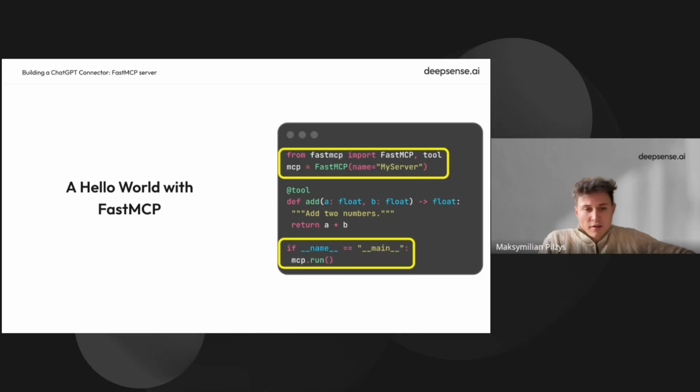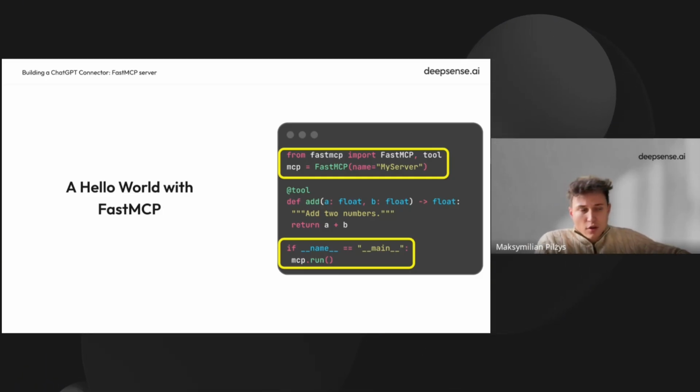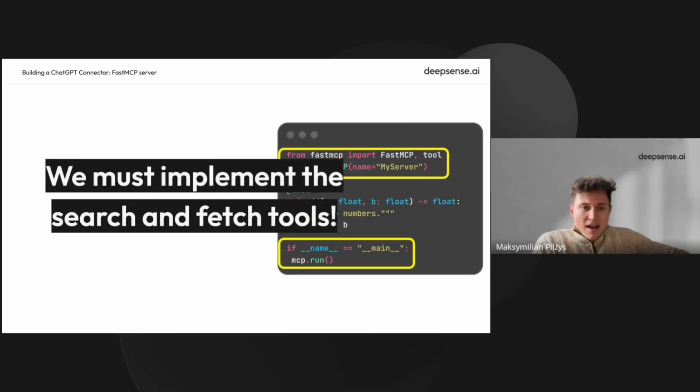What we see here isn't enough to be utilized by ChatGPT. When we want to create a custom connector, we must implement the search and fetch tools, so the model can actually find and retrieve content.